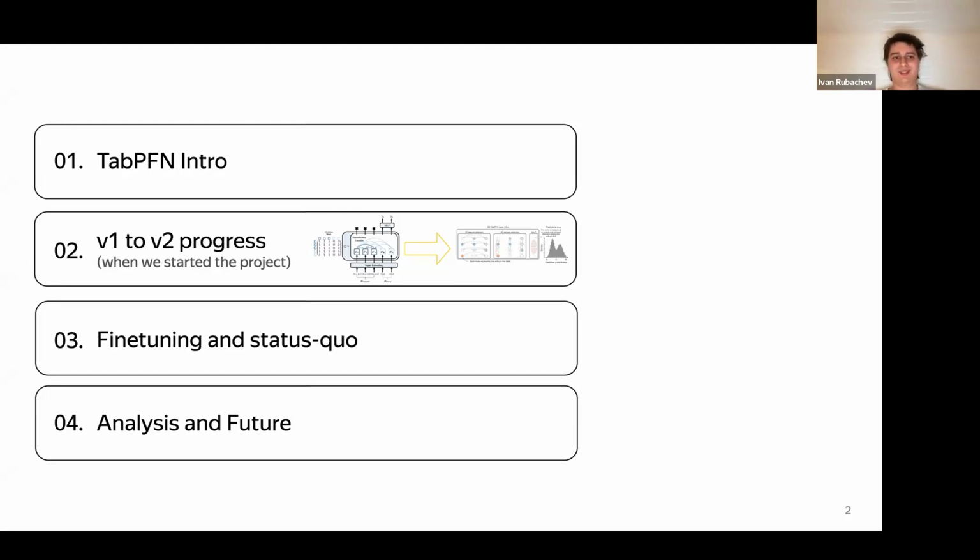Spoiler, it has something to do with the progress from the V1 to V2 models. And then I'll go through the core results from the paper.